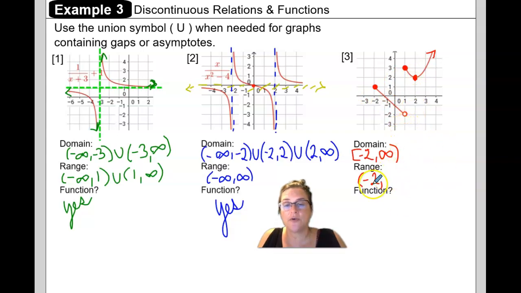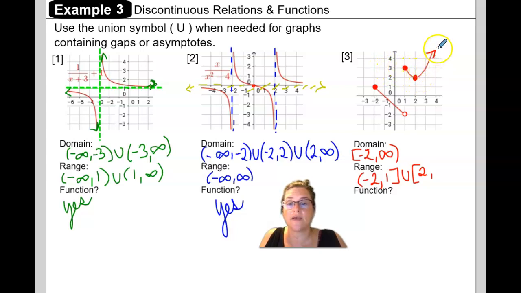So I'm going to need two intervals, -2 to +1, and the 1 is closed. And then I pick back up again with a closed circle here at y equals 2, so I have a bracket, and then I head over this direction, and here's an endpoint at y equals 3, but that's not the highest bound for the range.